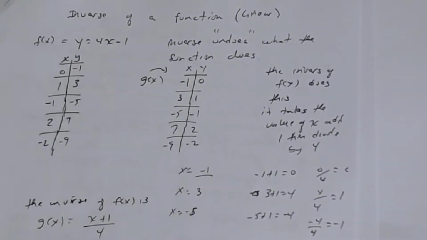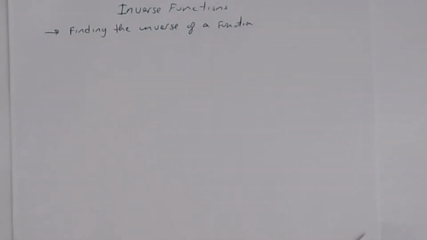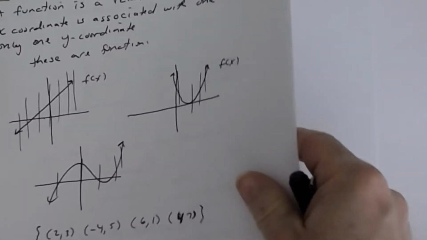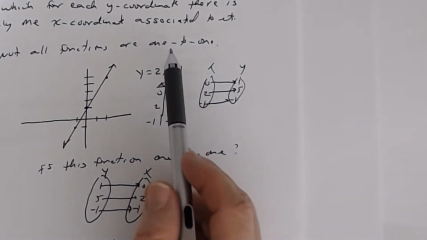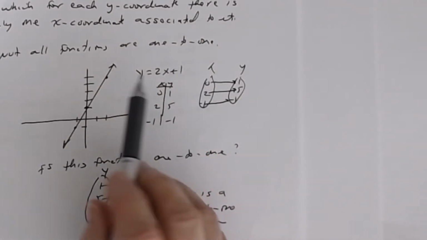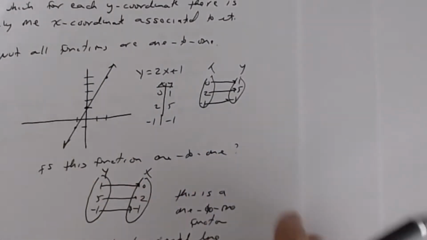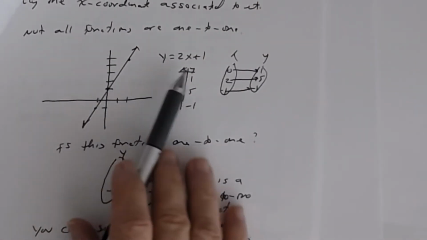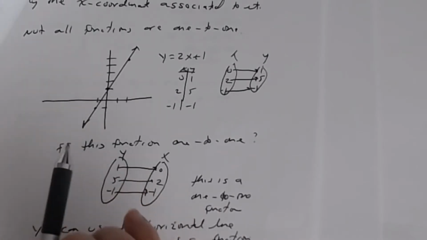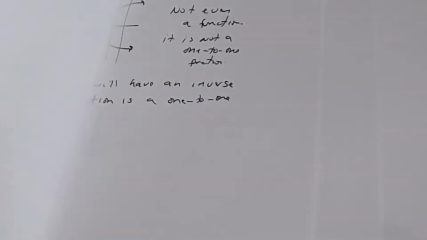The other thing that we saw in our lessons when we talked about inverse functions was that a function has an inverse if it is one-to-one. So if it's a one-to-one function, it has an inverse. And we talked about the horizontal line test. If you need to go back and review that lesson, you can. If a function passes the horizontal line test, then it will have an inverse function.